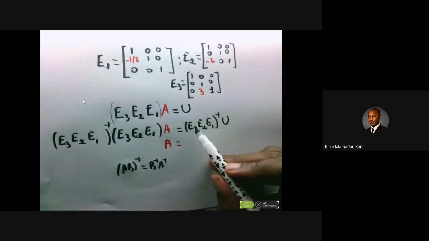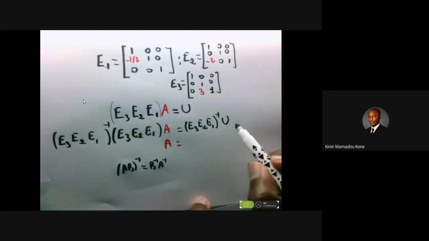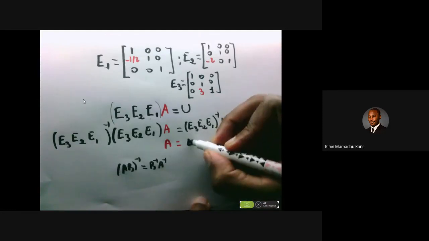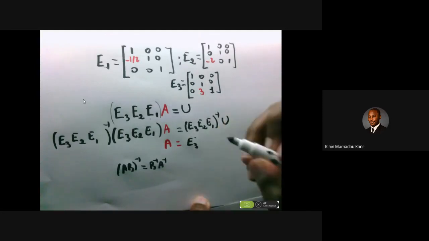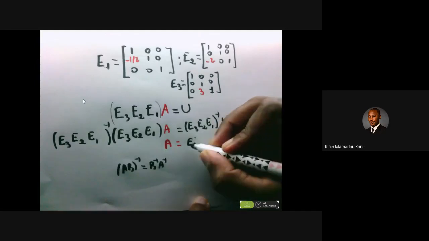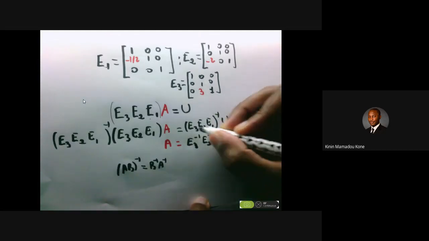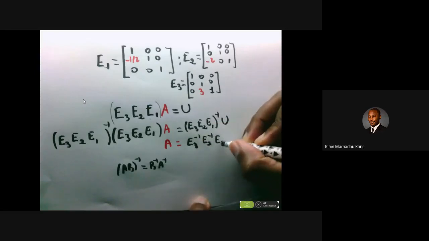Now if I have this product inverse, it's going to change the order. It's going to be the product of them, but in reverse order. So E1 inverse comes first, E2 inverse stays in its place, and then E3 inverse.